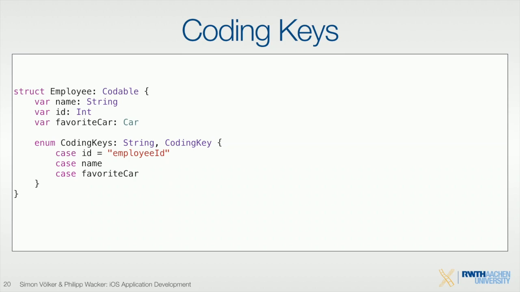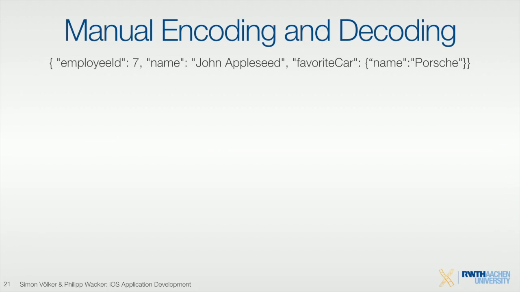For the other ones, you have to name them here, because otherwise the system will say, okay, this is not complete. However, you can say, okay, I want to keep the name and I want to keep the favorite car name as a key component. So this is a way to make the XML file a little bit more readable without having to change the internal names of your variables.